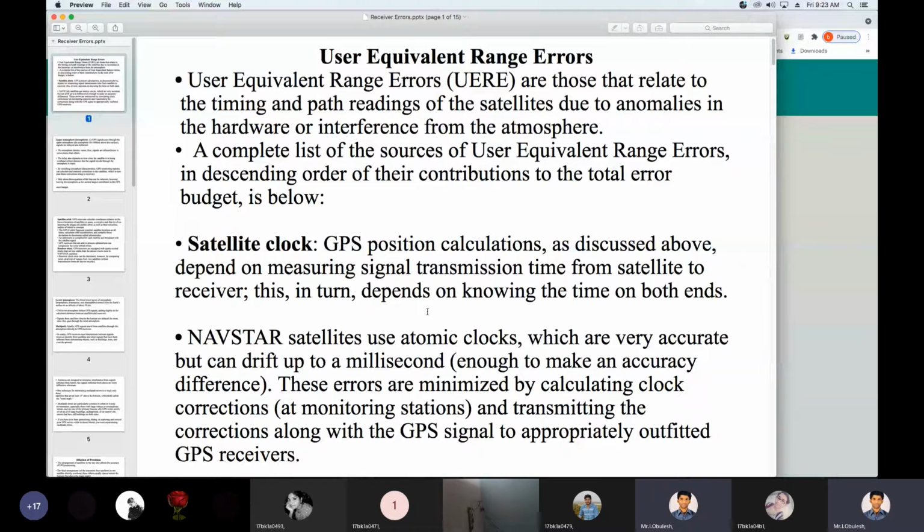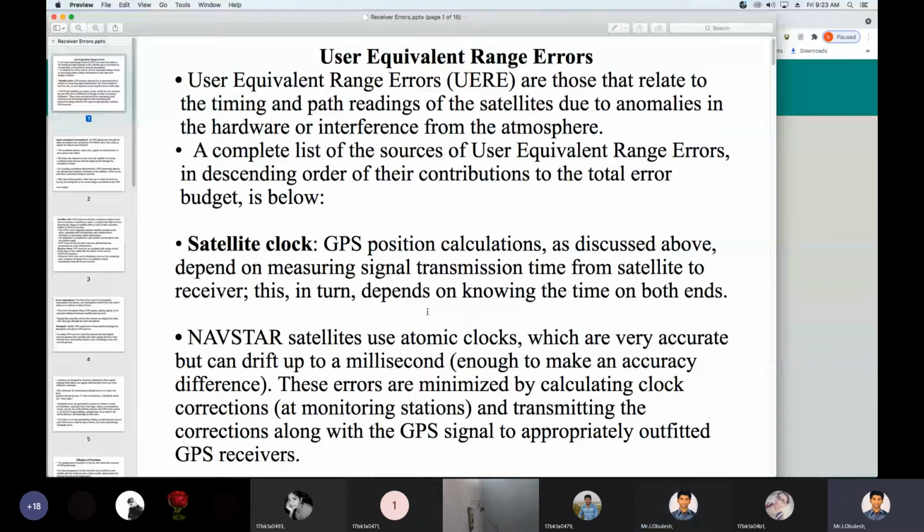The user equivalent range errors are those that relate to the timing and path readings of the satellites, due to errors in hardware or interference from the atmosphere.